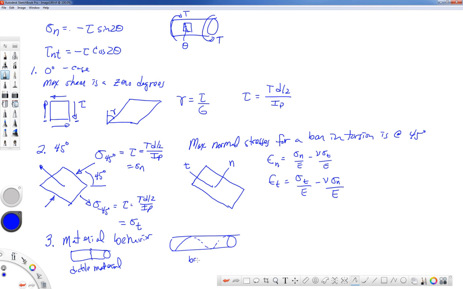So you will see pictures of brittle materials like cast iron fail at a 45-degree angle because the normal stresses are the highest. All right, so if you get a chance, take a look at some pictures of that.